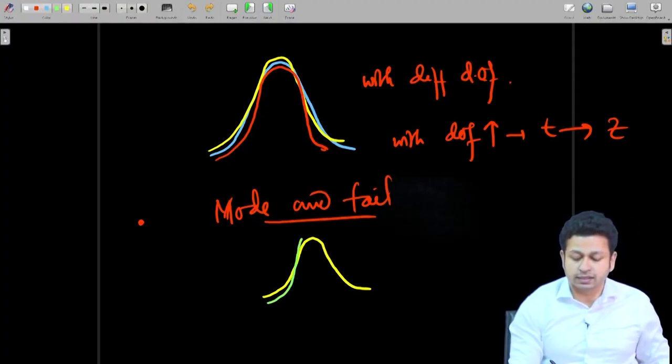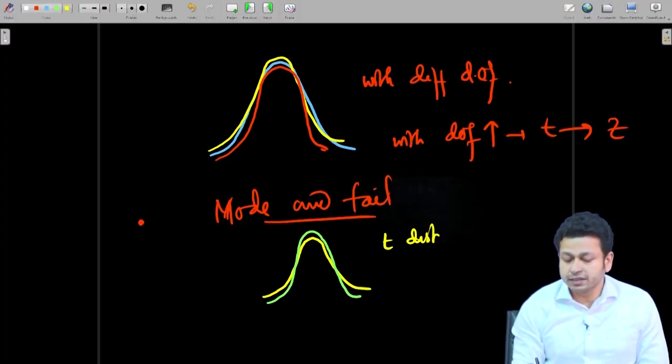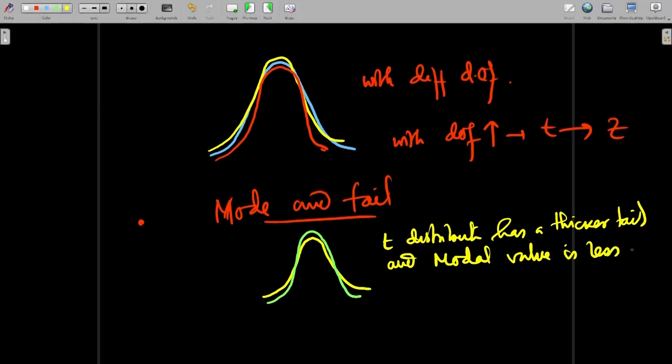If this is a T distribution, it has a thicker tail and the modal value is less as compared to the normal distribution.